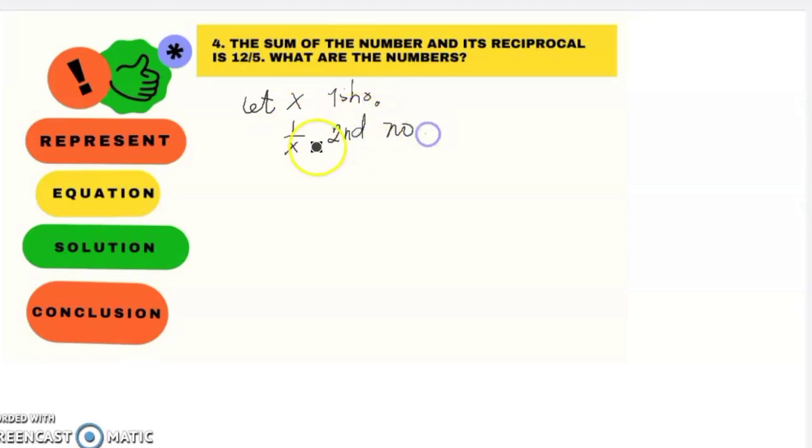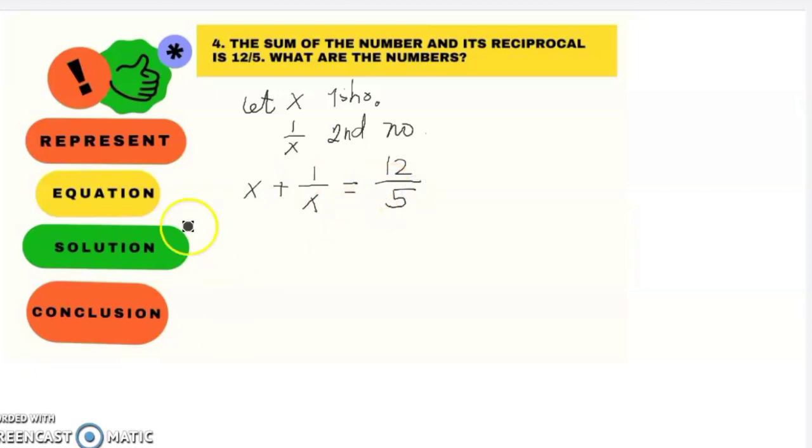Okay. So, since meron na tayong representation ng two numbers, let's have the equation. Ang sabi dito, the sum of the number and its reciprocal. So, sa equation, we will have x plus 1 over x is equal to 12 over 5.